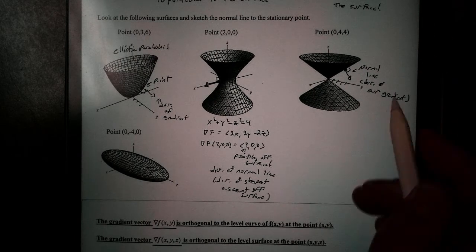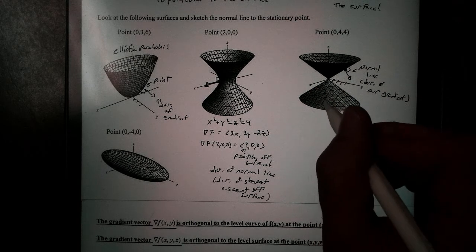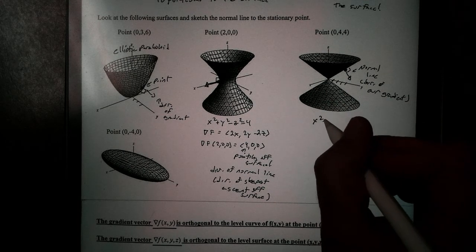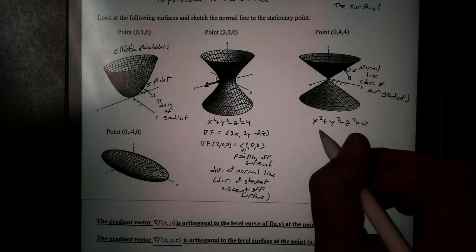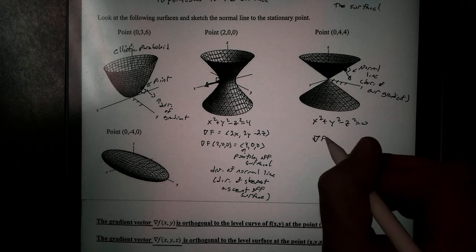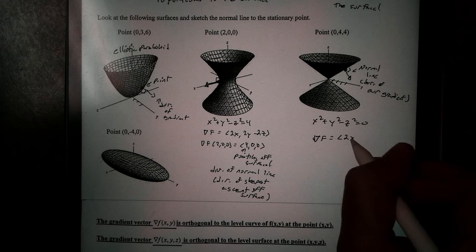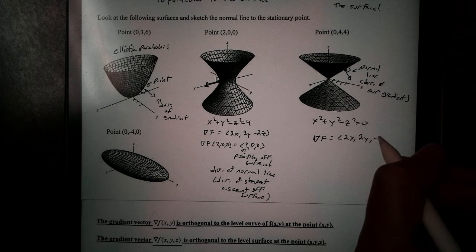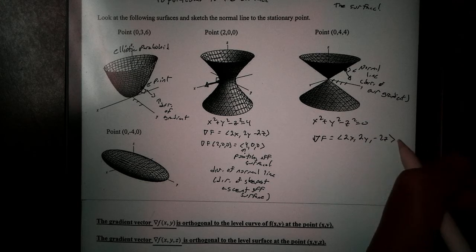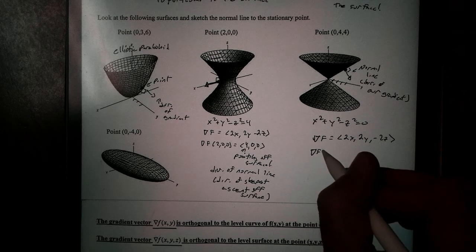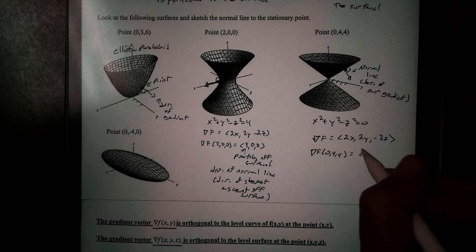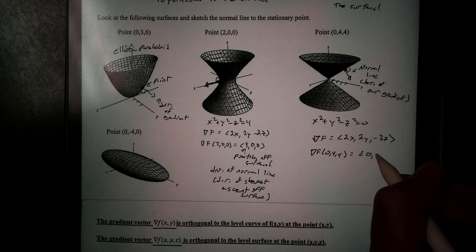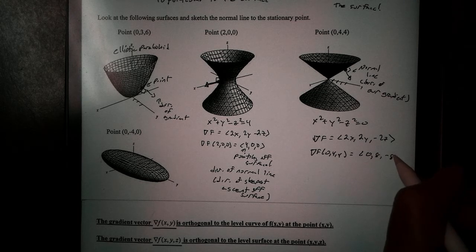And again, we can find this one. We can write the equation of our cone: x squared plus y squared minus z squared equals 0. And if I write my gradient for this, we're going to get 2x, 2y, negative 2z. And at our point, 0, 4, 4, we plug it in, we're going to get 0, 8, negative 8.